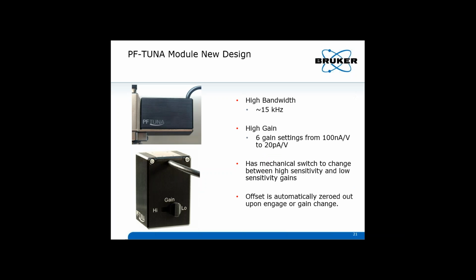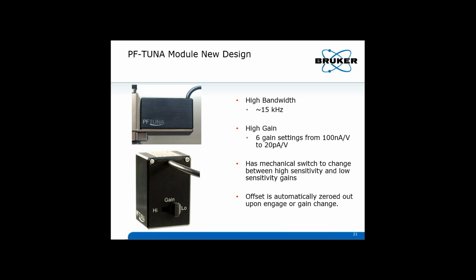So apparently, the old tuner module cannot fulfill the requirement. Therefore, we need to develop a new module for this application. So Bruker has developed the new PeakForce tuner module, which has a high bandwidth of 15 kilohertz. It also has high gain from 20 picoamp per volt to 100 nanoamp per volt. Different from the previously mentioned old module, it has only one mechanical switch to change between high sensitivity and low sensitivity gains.